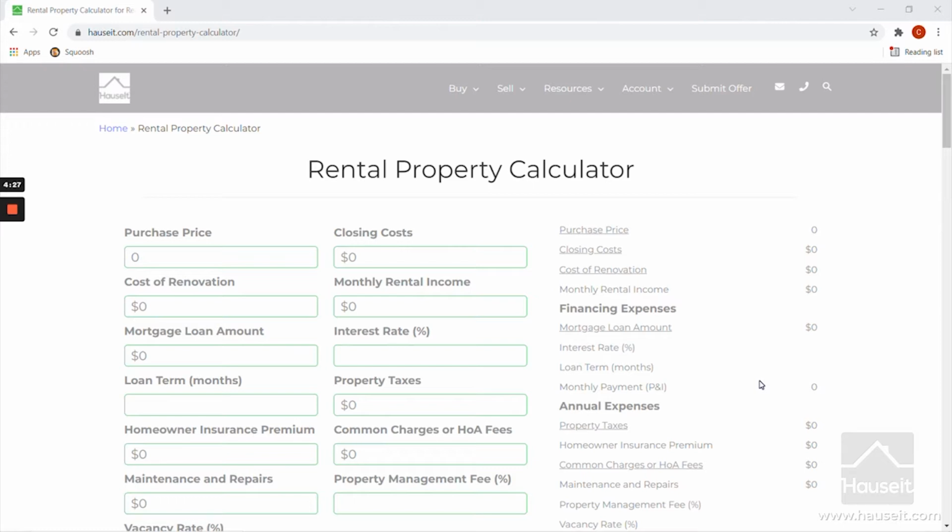So depreciation is very interesting because it is a non-cash expense that real estate investors can take. The IRS allows property investors to fully depreciate a property over 27 and a half years. That's for residential property.